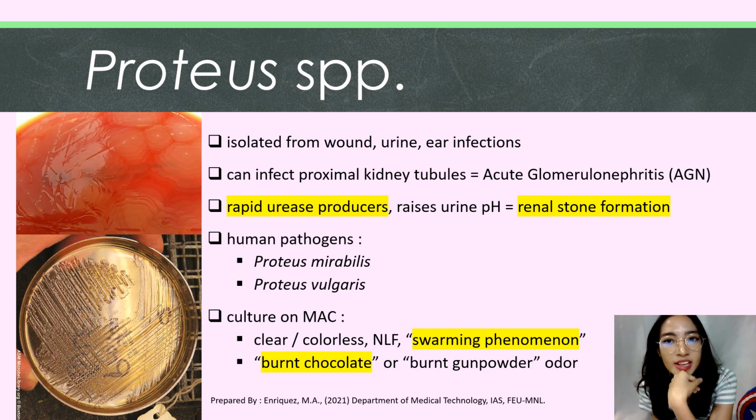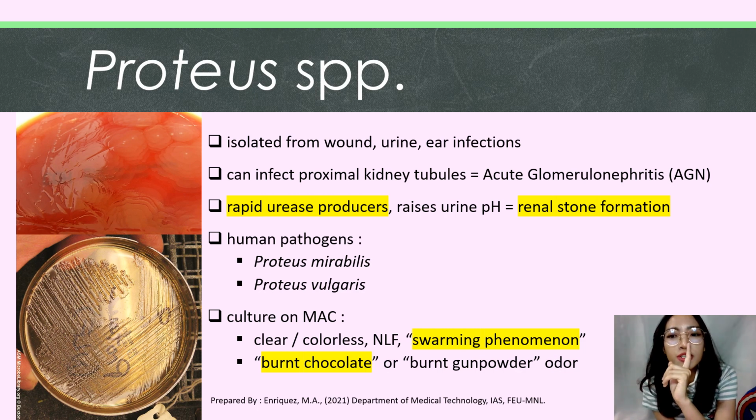When urease breaks down urea, it produces an alkaline urine pH. So ang normal pH po kasi ng urine is slightly acidic to neutral. But during Proteus infections, it raises the pH to be alkaline, which actually encourages the formation of some renal crystals, which eventually accumulate as renal stones.